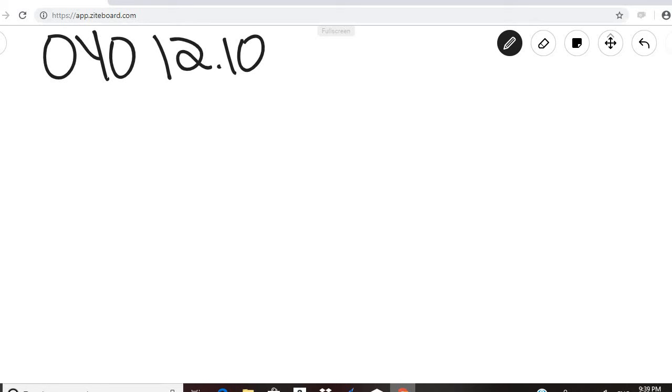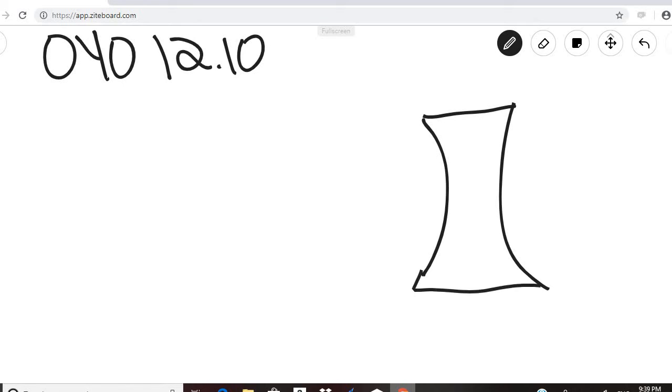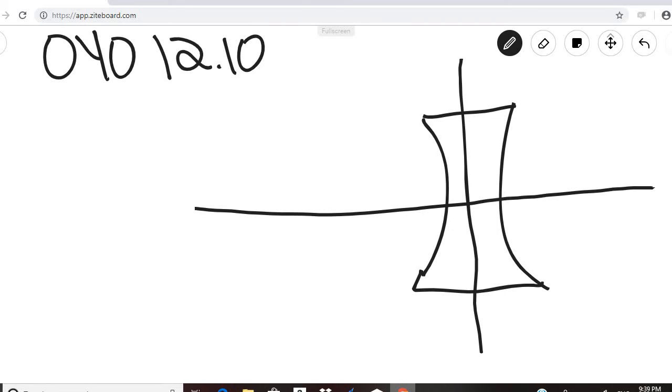In this one, it's a diverging lens. So here's our lens. Draw a line down through the middle, like this, and the focal points are 8 centimeters away.